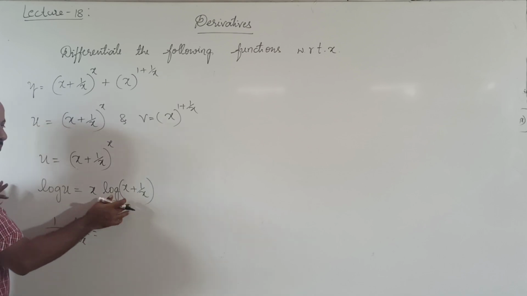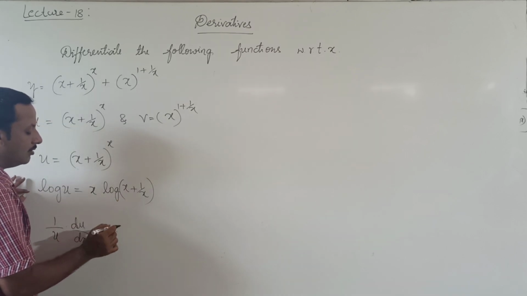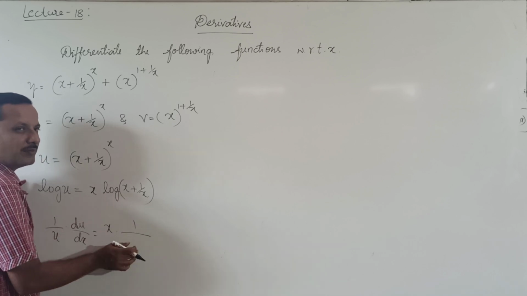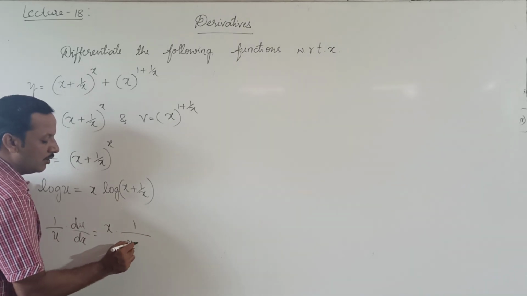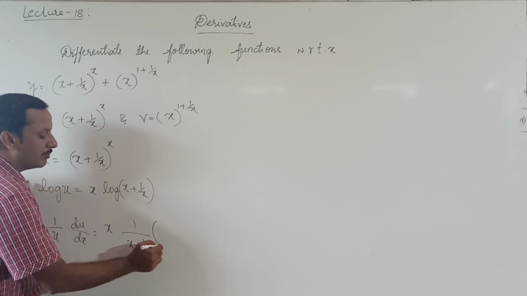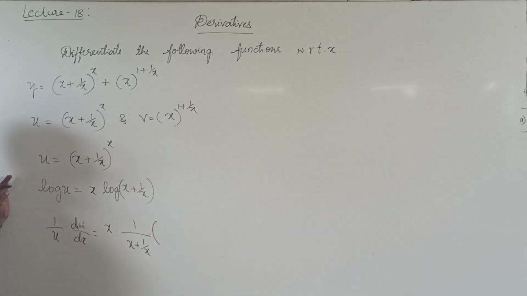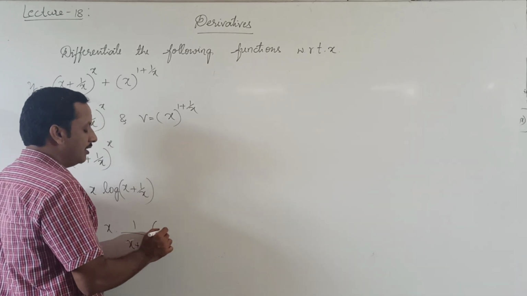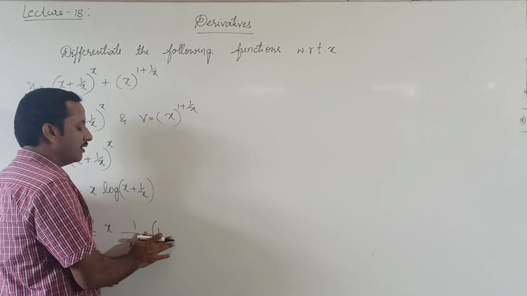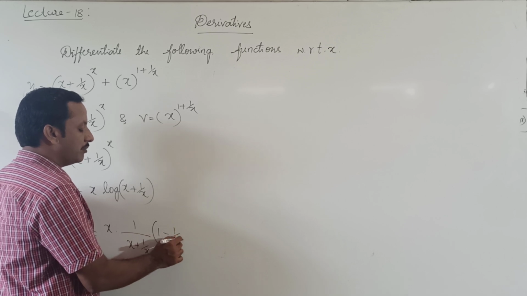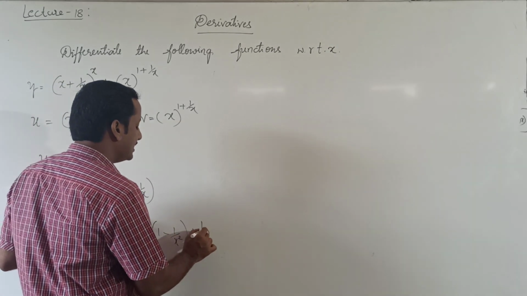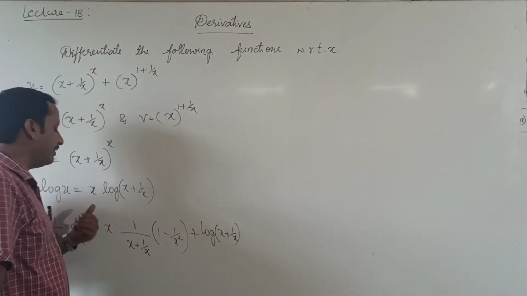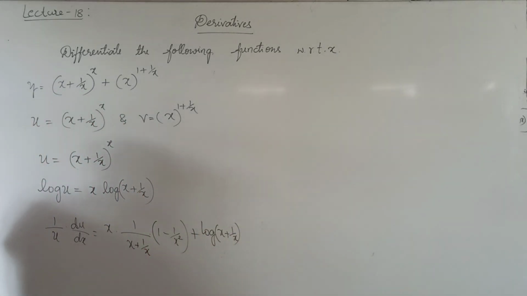That's equal to, I am using the product rule here, x into the derivative of this, derivative of log x is 1 by x. So the derivative of this expression is 1 by (x plus 1 by x) into the derivative of (x plus 1 by x). Derivative of x is 1 plus the derivative of 1 by x. Derivative of 1 by x is minus 1 by x square, plus log of (x plus 1 by x) into the derivative of x, which is 1.